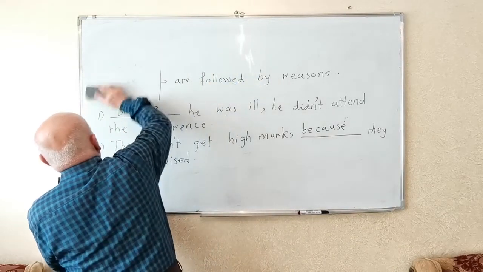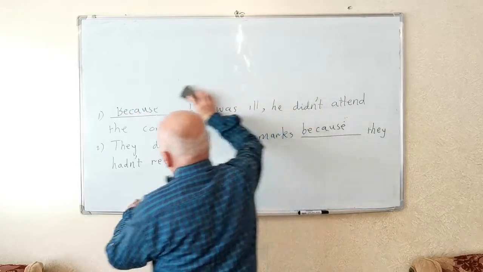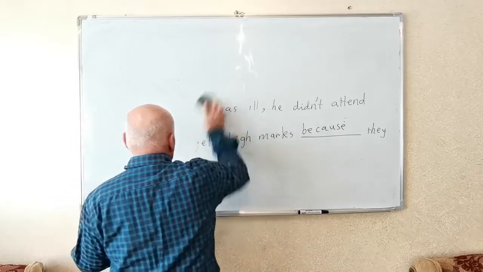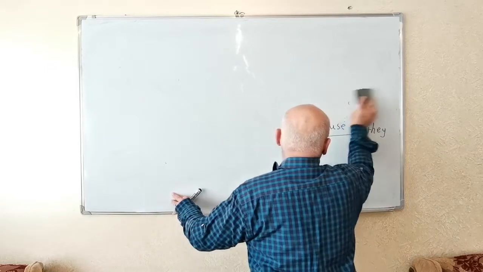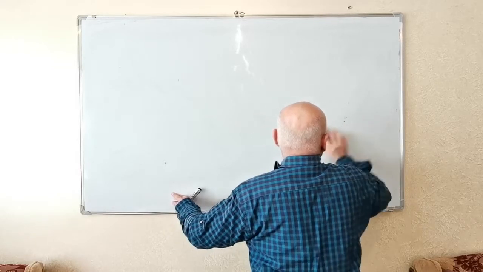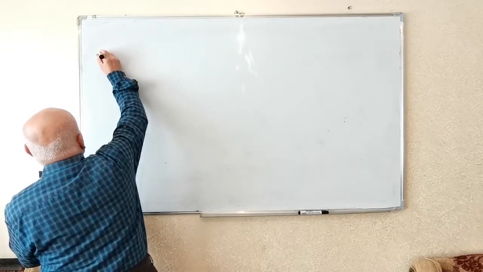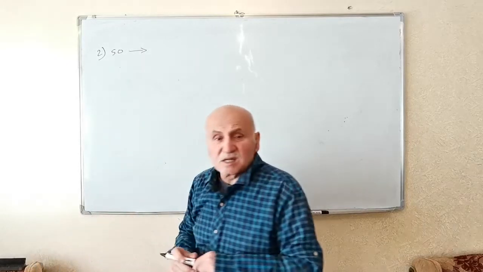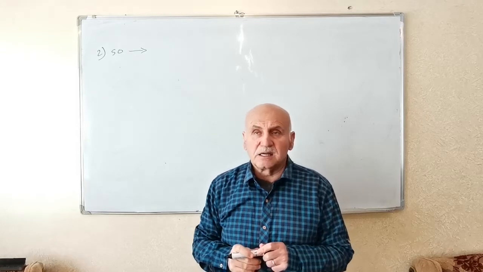And the second thing is about so. Number 2, so. What is so followed by? It is followed by a conclusion or result.